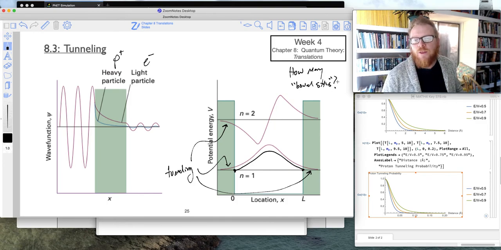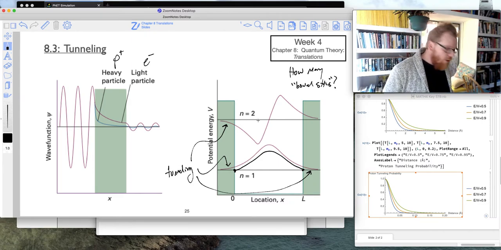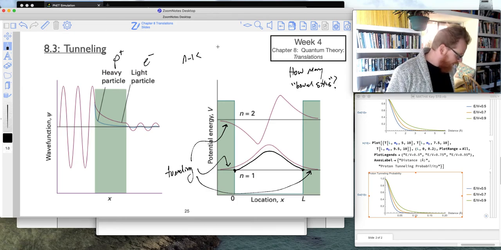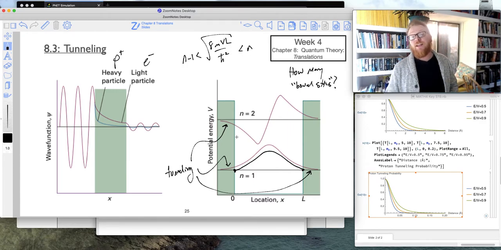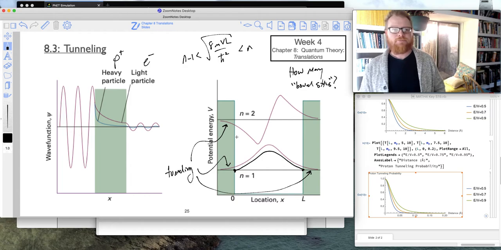We will later call these bound states orbitals, okay? So there's an equation that comes as n minus 1 is less than the square root of 8mVL squared over h bar squared, which is less than n, where n is the number of states.